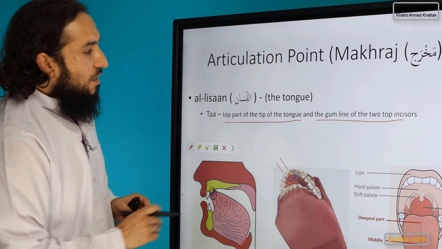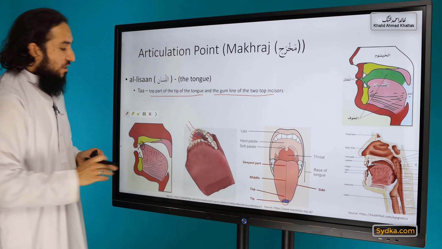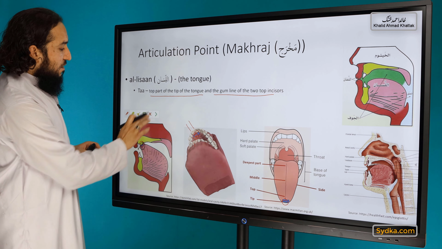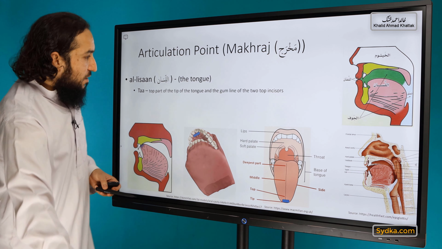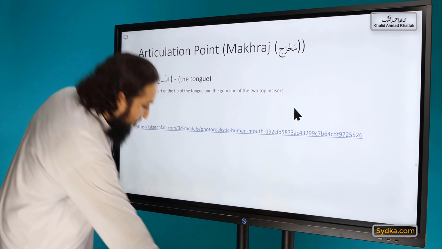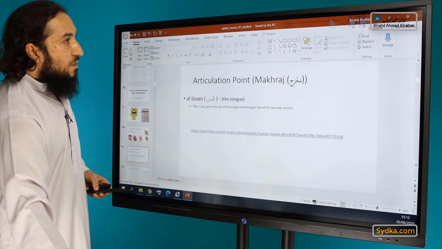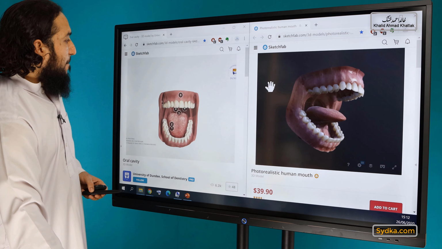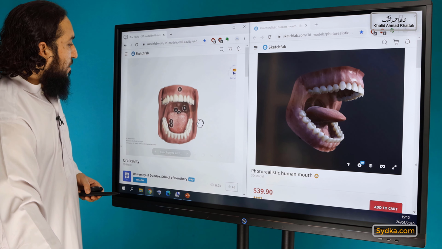Okay, let me explain further with the 3D model.